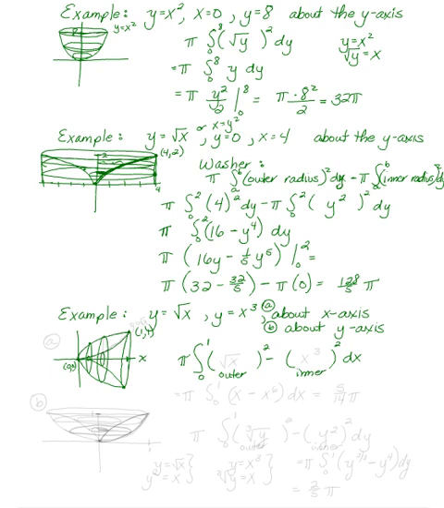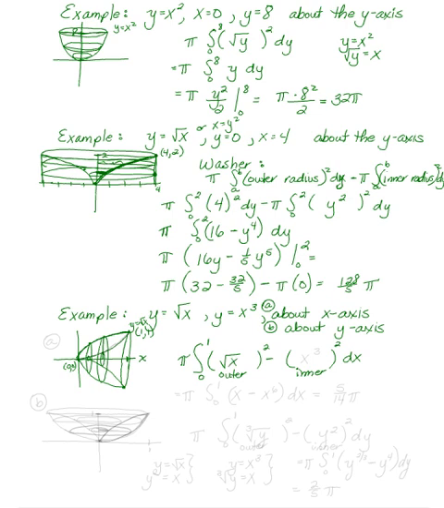Remember, the volume of the big disk minus the volume of the hole. Now if I look at this one right here, the outer radius goes from the x-axis up to this function right here. And what was that topmost function? It's y equal to the square root of x. So our outer radius is given by the square root of x.